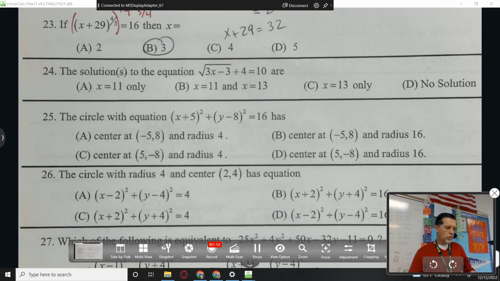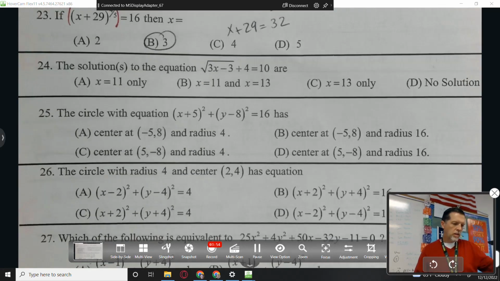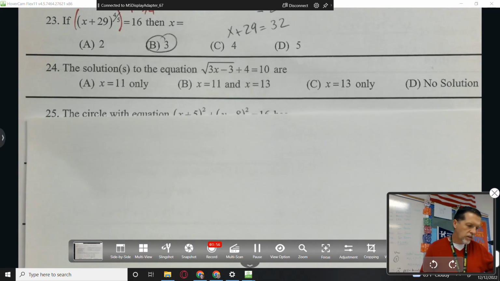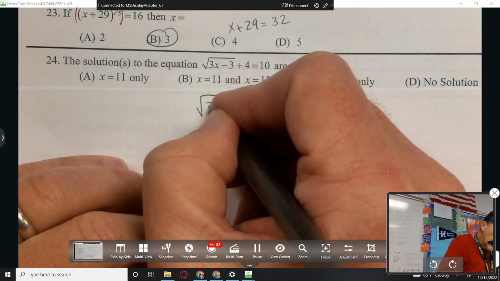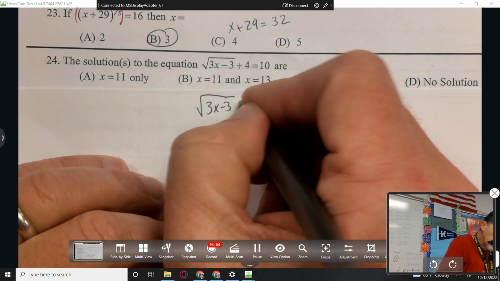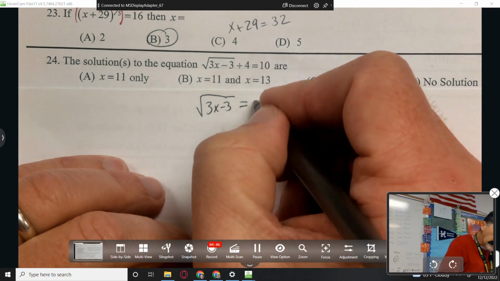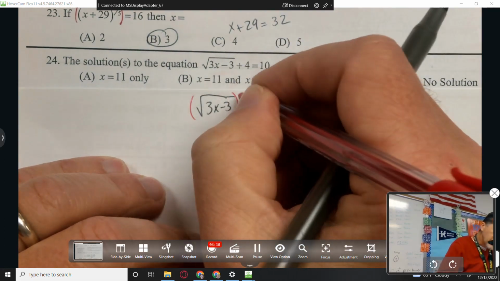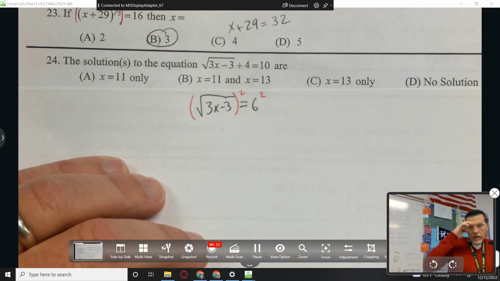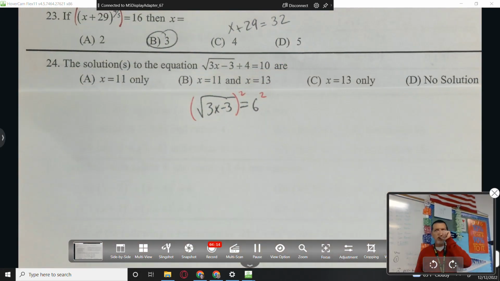Number 24. The solution to that equation, solutions, maybe plural. So let's move the 4 over. 10 minus 4 is 6. Then we'll square both sides to undo the square root. Squaring both sides is where the red light is supposed to be flashing in our brain right now, because what do we have to do if we square both sides?